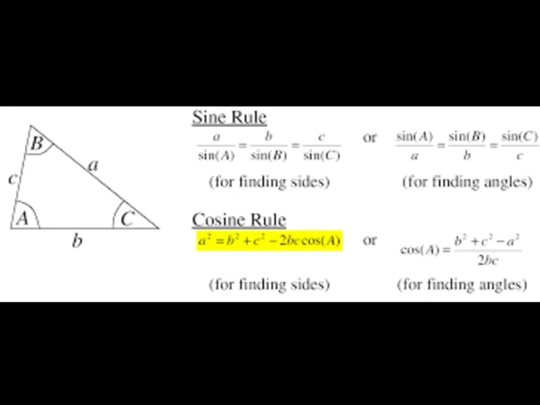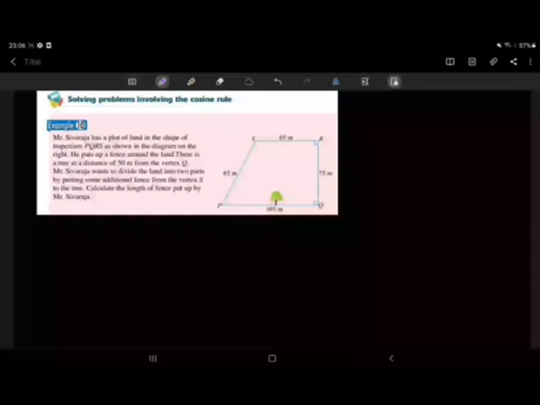The rule to find length is a square equal to b square plus c square minus 2bc cos A. And to find angle, you can use cos A equal to b square plus c square minus a square divided by 2bc. When to use the rule? The first case is when you get two sides and an included angle. Or case 4, only the three sides are given.